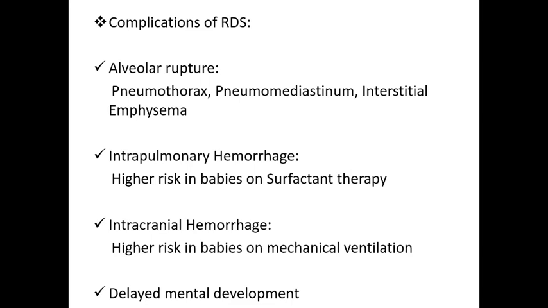We know brain tissues need a proper oxygen flow to function properly. So when the brain does not receive a proper oxygen flow, brain functions will not take place properly. This can lead to delayed mental development.